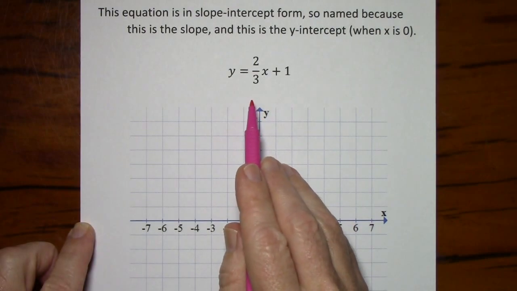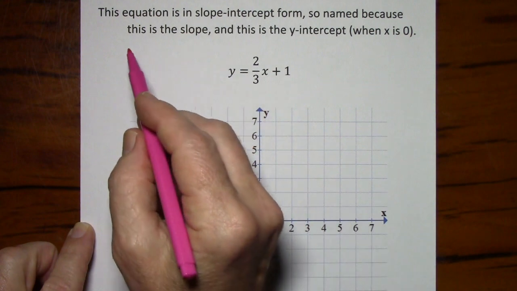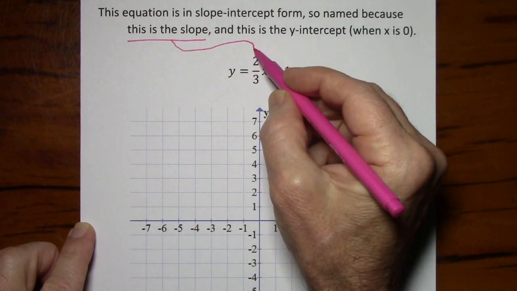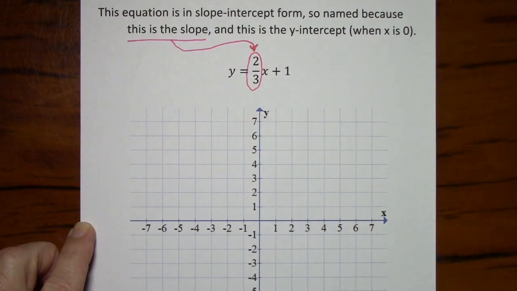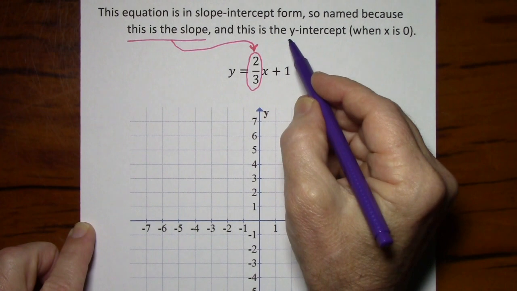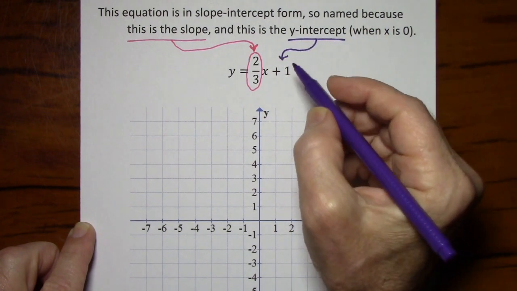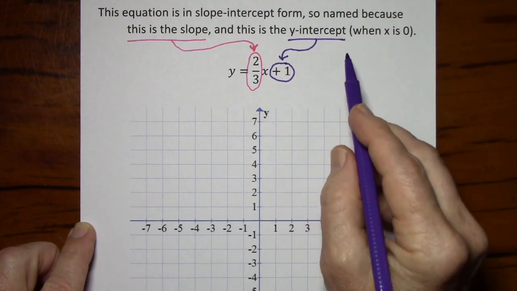This equation is in slope-intercept form. It's so named because the slope is right here, and the y-intercept is right here when x is 0.